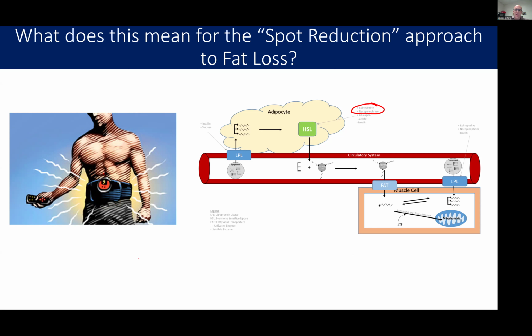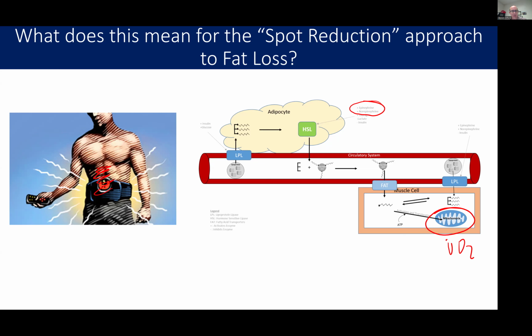So if you're trying to reduce how much fat you have over your six pack, the better bet than doing ab workout would be to do something that's going to have a large increase in epinephrine, norepinephrine, and a large and prolonged increase in VO2. And so you would see exercise where you have a lot of fat oxidation.